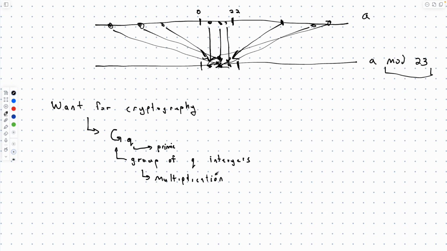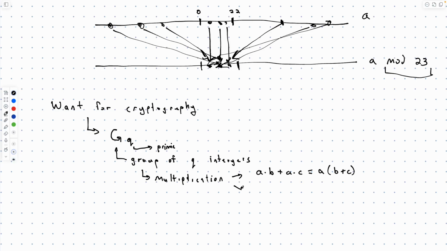Then I'm going to get another number. And what I want also is I want all the rules of multiplication to work. All the rules that you're used to, like, let's say, A times B plus A times C equals A times (B plus C). Like all that kind of stuff. I just want that stuff to all work, okay?